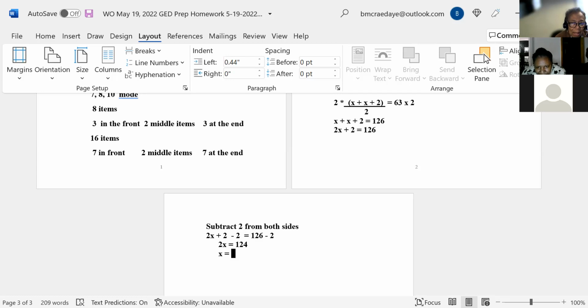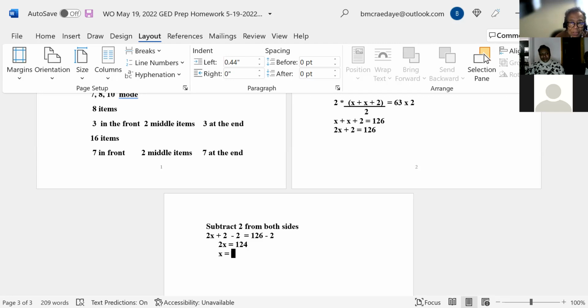Well, let me ask you this way, Michelle. 2 times what number gives 124? 12, I guess. 2 times 12 is 24. 2 times what number equals 124? Mental math, Michelle. 15? No. 2 times 15 is 30.